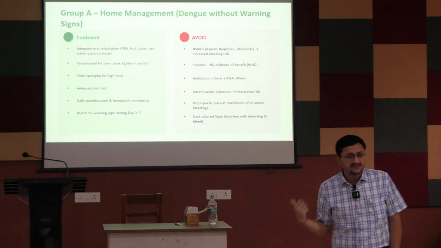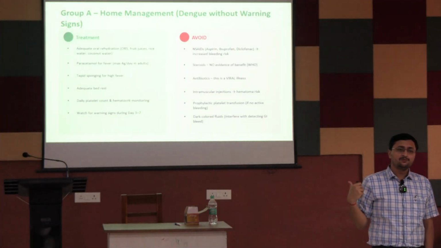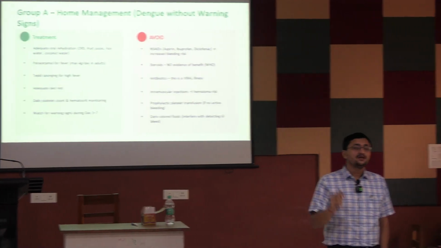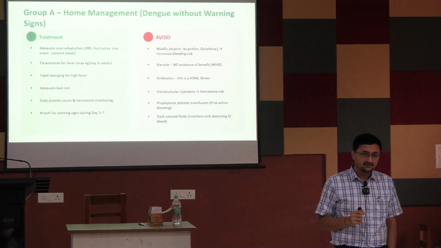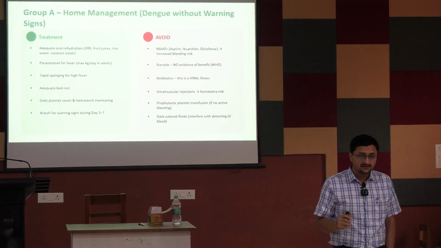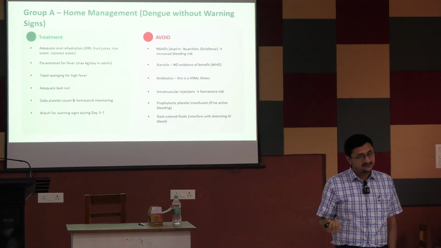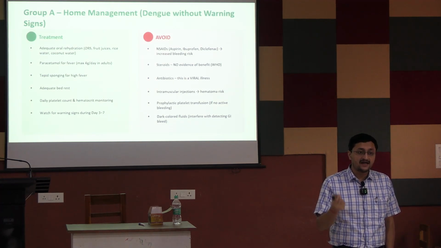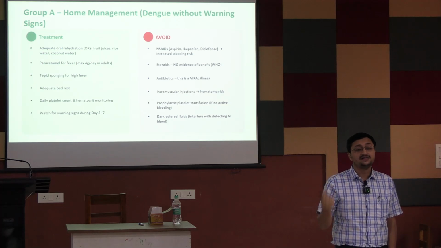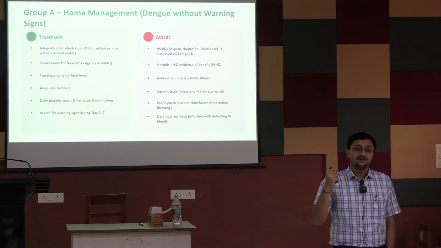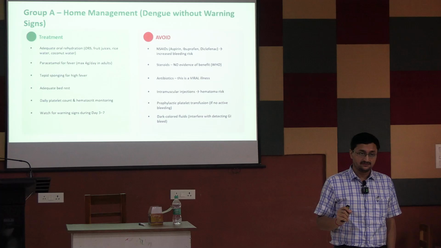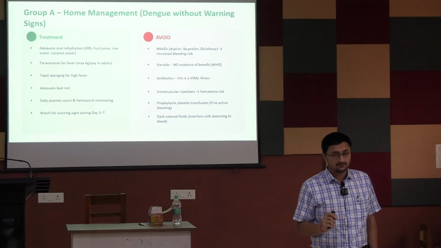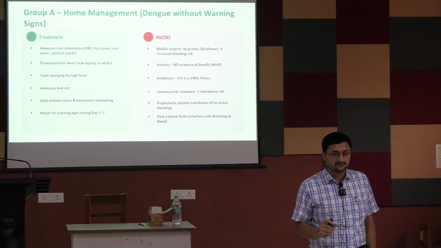In group A patients, that means mild dengue patients, you can advise home management, adequate fluid resuscitation, okay, and antipyretic in the form of paracetamol only. Check for hematocrit and platelet or any warning signs of dengue, but never ever give NSAIDs, only paracetamol is enough, okay, and hydration.